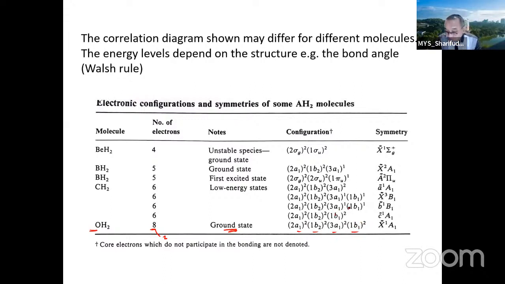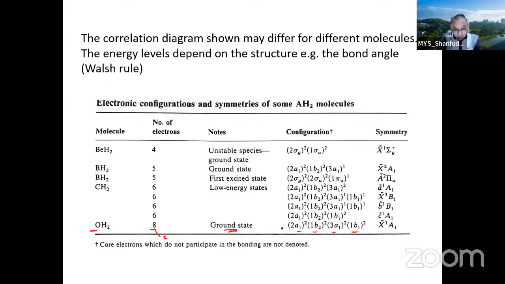Now remember I told you that if everything is filled, then the net result is everything is 0, which means that the ground electronic state will be the state where everything is symmetrical. This is how it translates into the symmetry.